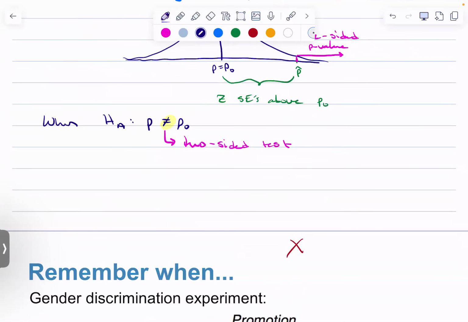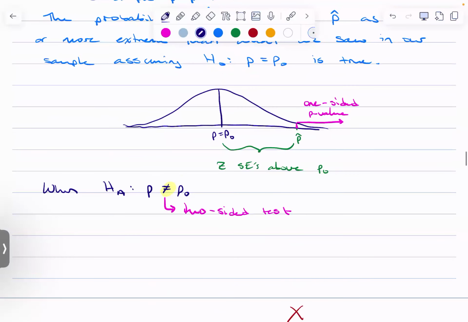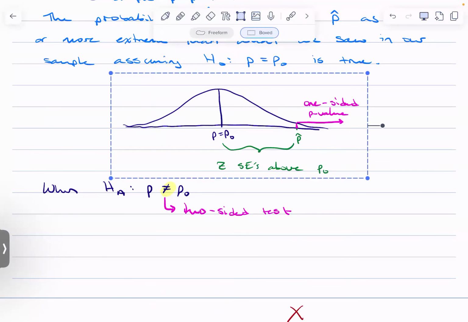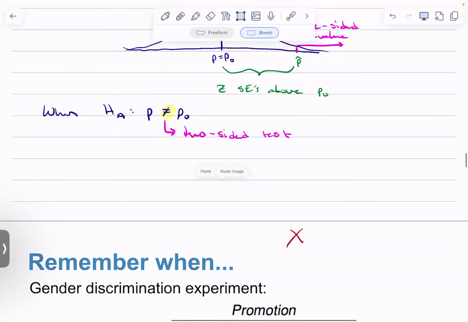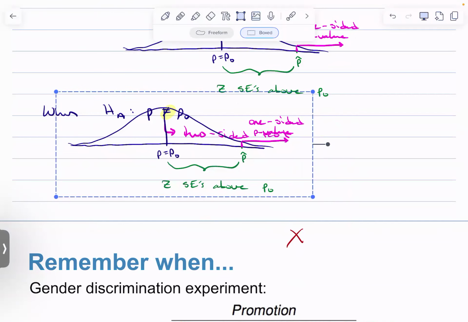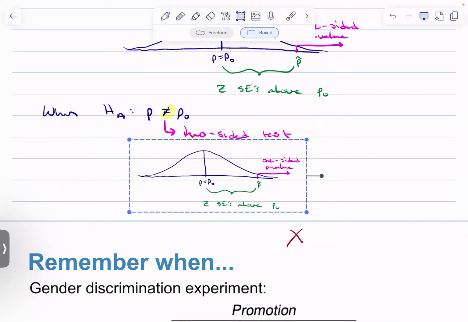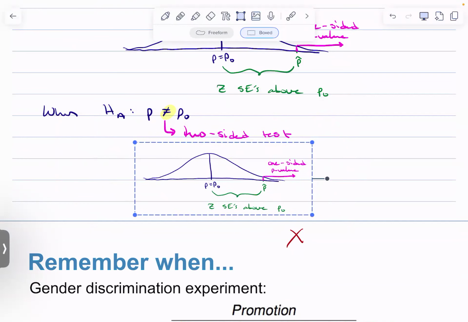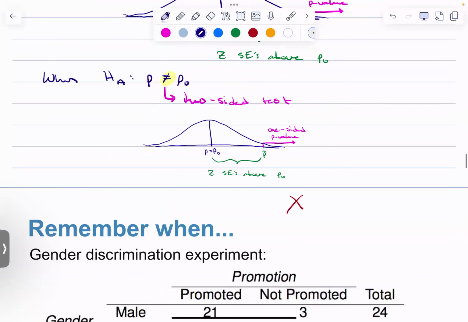So then I'm just going to copy this. Paste and make it smaller, because then we also would be just as concerned if P hat was down here.